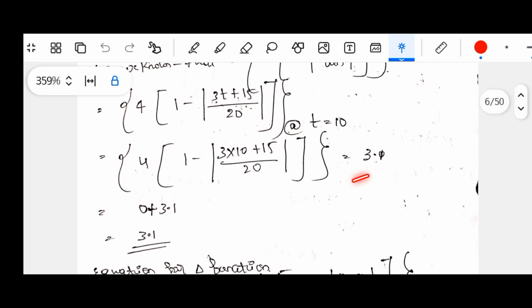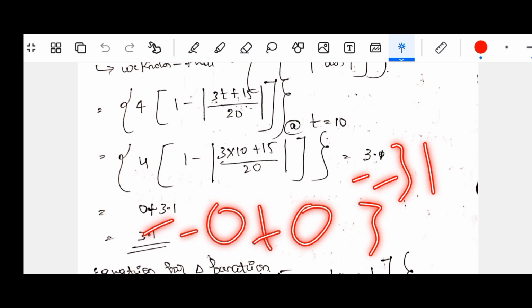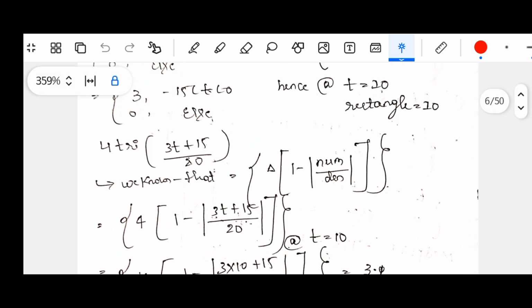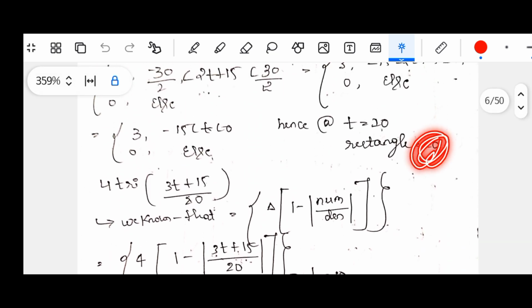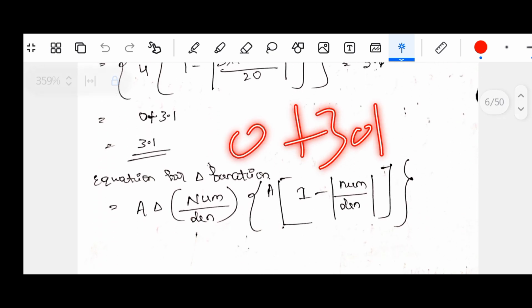You will get the answer of 3.1. So the answer will be 0 plus 3.1 is equal to 3.1. Here the rectangle value will be 0, it is not 10.